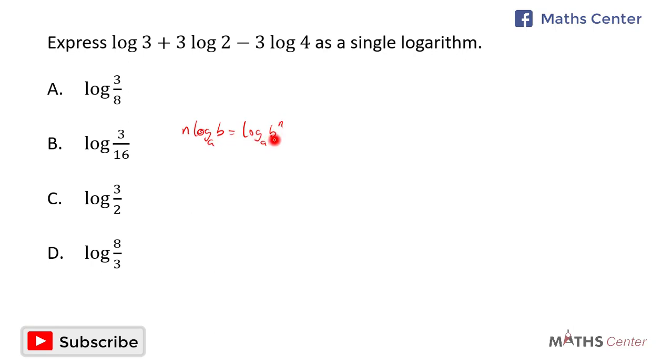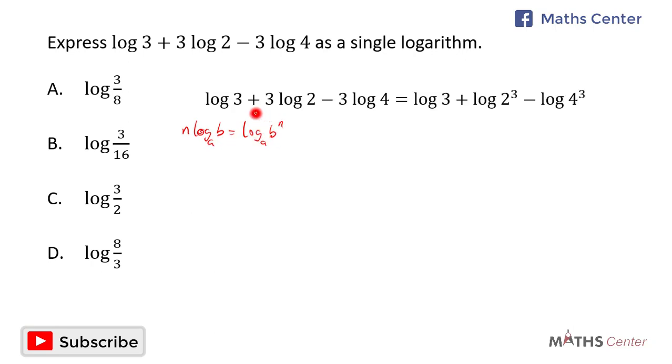So if we apply this here, it means that if we have log 3 plus 3 log 2 minus 3 log 4, we can write it as log 3 plus log 2 exponent 3 minus log 4 exponent 3.